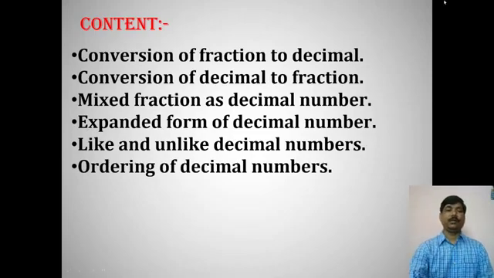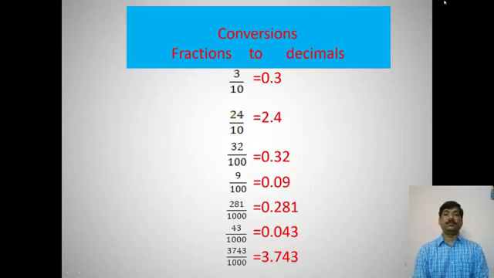First we discuss conversion of fraction to decimal. Here we have written some fractions. 3/10 is a fraction, 24/10 is a fraction, 32/100 is a fraction, 9/100 is a fraction, 281/1000 is a fraction.